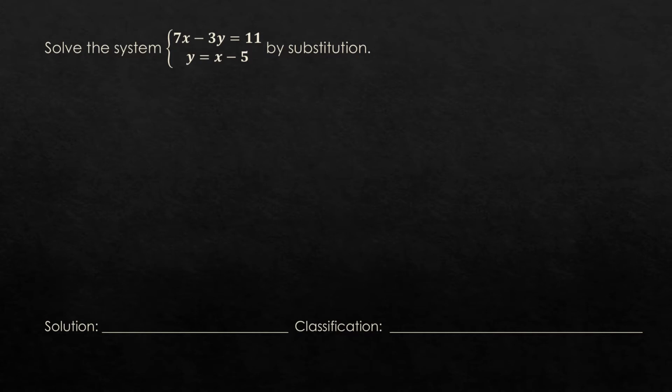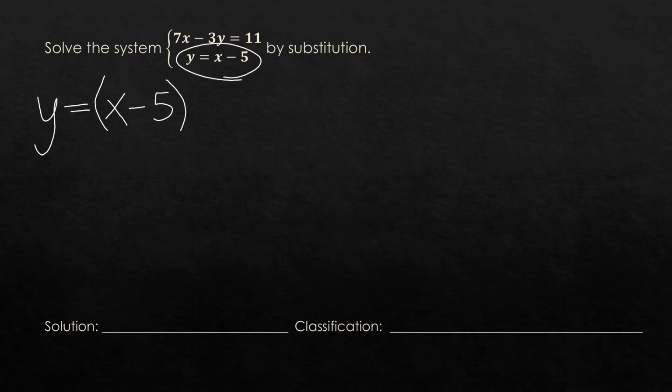So our first example, we're going to solve by substitution. Conveniently, the second equation has already been isolated for a variable. We already have y equals x minus 5. Once you get a variable by itself, I'm going to put this into parentheses, and that's going to help us when we plug it into the other equation.